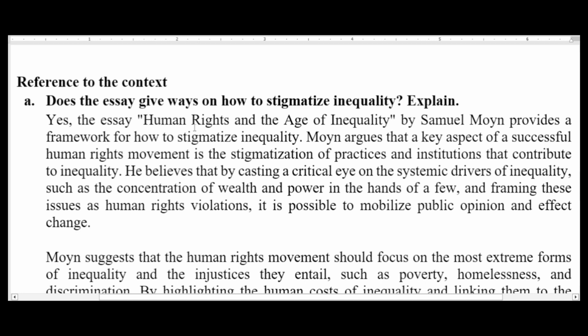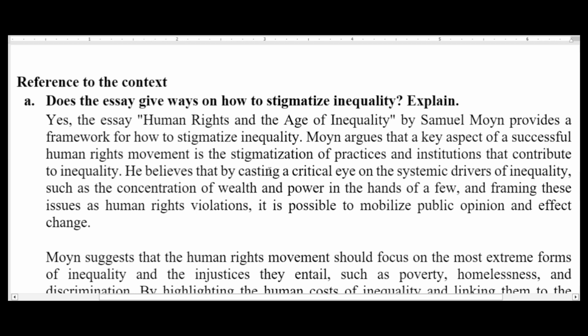Yes, the essay Human Rights and the Age of Inequality by Samuel Moyn provides a framework for how to stigmatize inequality. Moyn argues that a key aspect of a successful human rights movement is the stigmatization of practices and institutions that contribute to inequality.